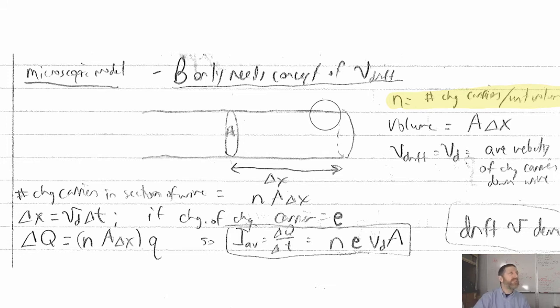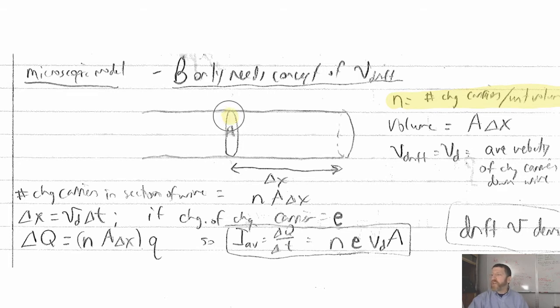Electrons. So basically, if you knew how many atoms there were and how many free electrons there were, you can figure out the number of charge carriers, and using the density of the metal, you can figure out how much volume it would be per a certain number of atoms. So little n is the number of charge carriers per unit volume, per cubic meter.